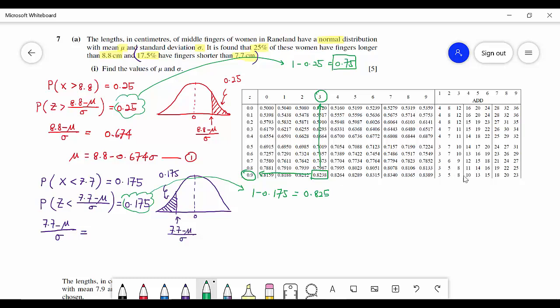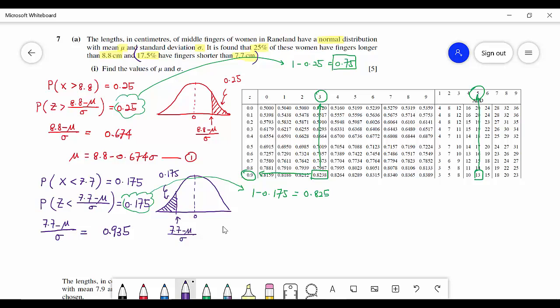Let's have a look. Where is 0.0012? There's no 12, but the closest value will be 13. So I will look for this one, and you can see that it is 5. So in the end you have the value 0.935.